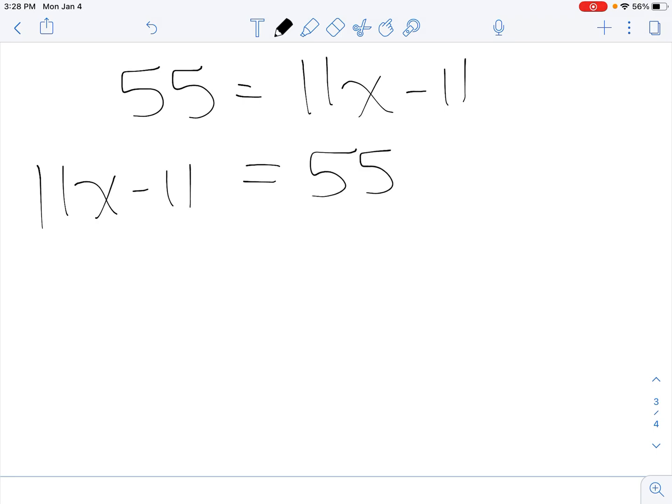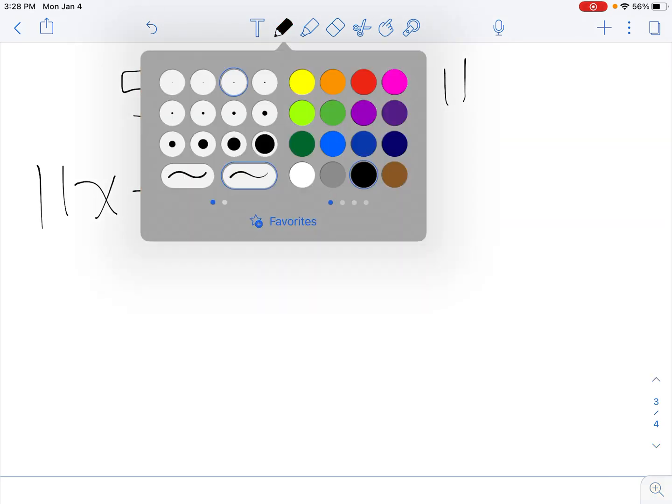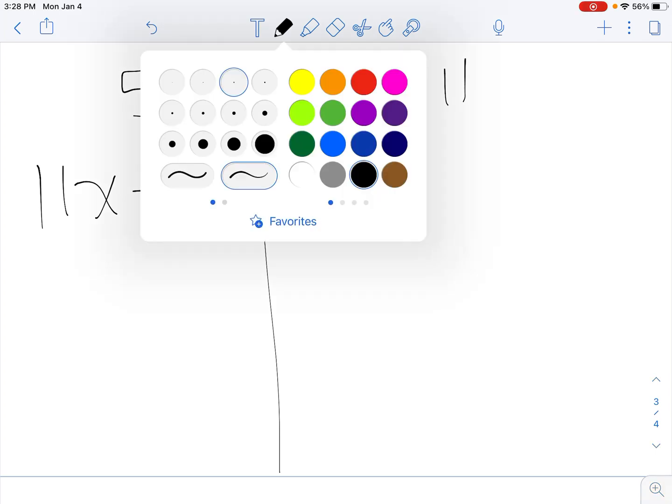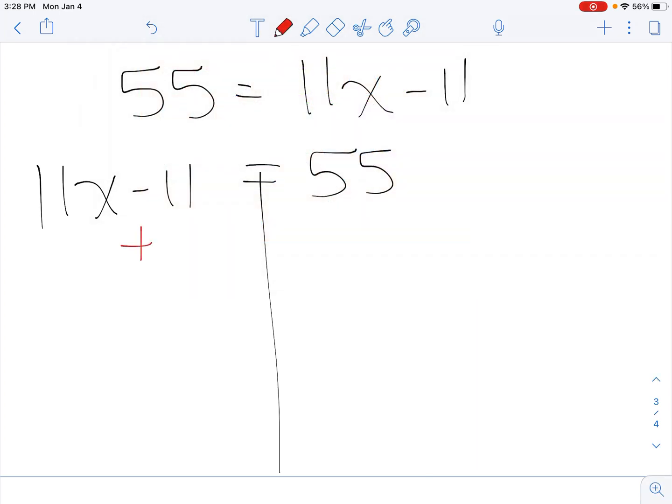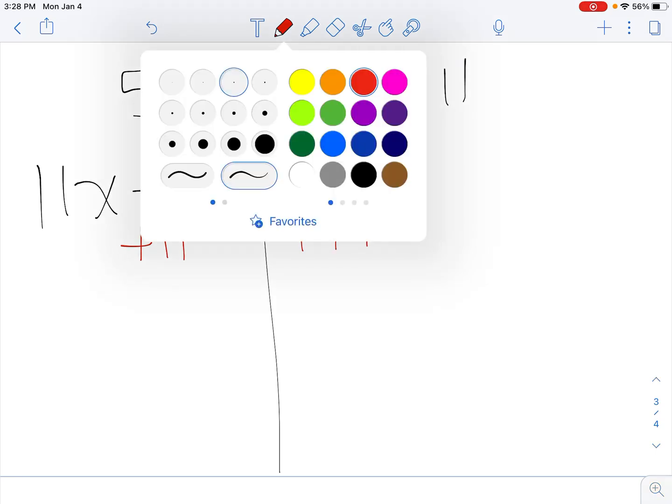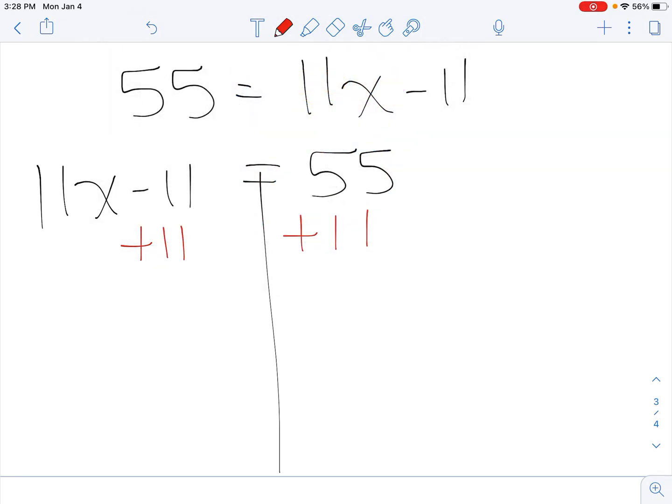So the first step is to undo the adding or subtracting. So to undo subtracting, we're going to add. So the opposite of minus 11 is plus 11 on the left and on the right. Show me your cancellation. Negative 11 plus 11 equals 0. So I've still got my 11x over here.